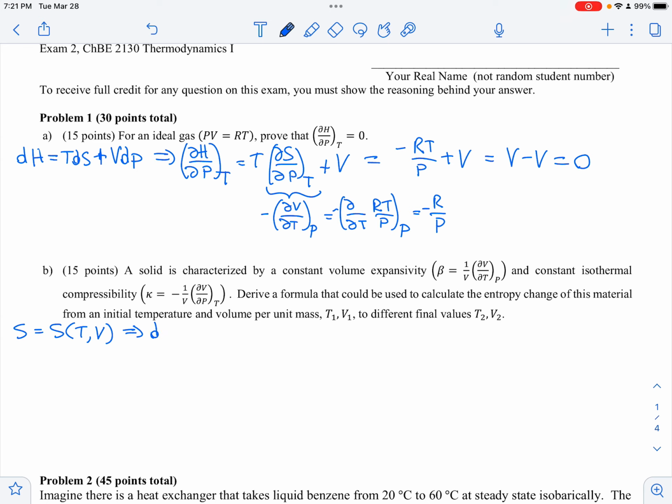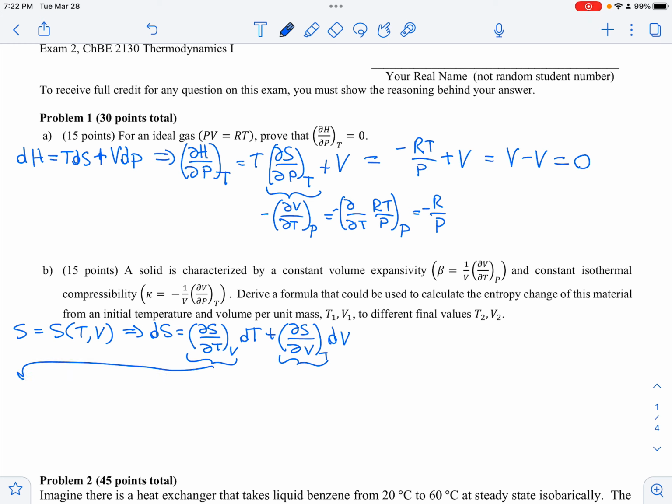So dS equals dS/dT at constant V times dT, plus dS/dV at constant T dV. Now we need to derive formulas for these two terms in order to get something that we could actually calculate, a formula that we could use.